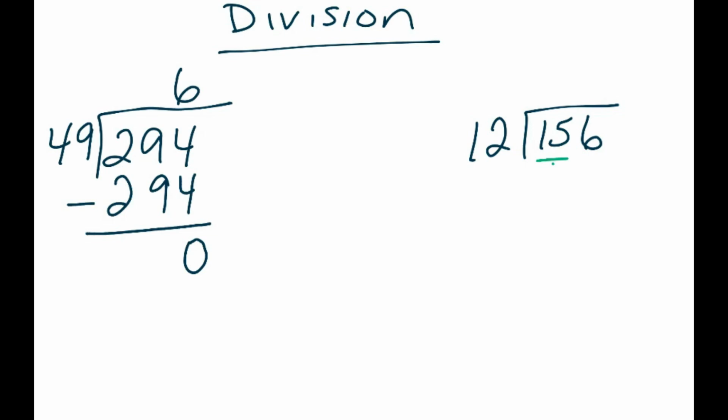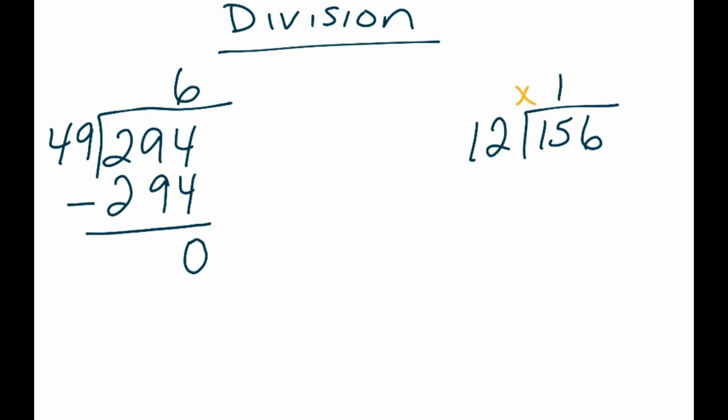So we're going to place 1 over the 5 because 5 is the last digit of the number we're dividing into. So 1 goes here over the 5.